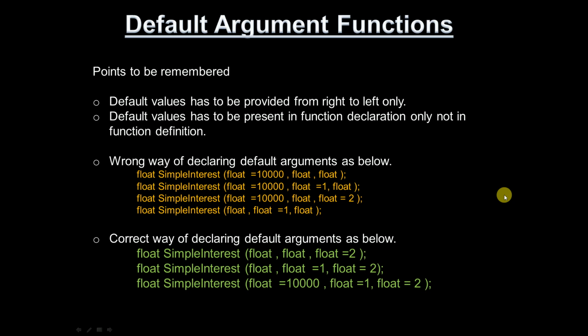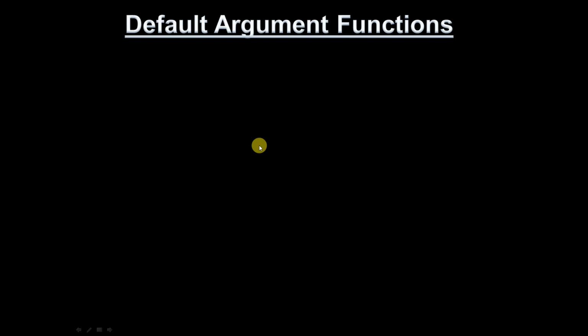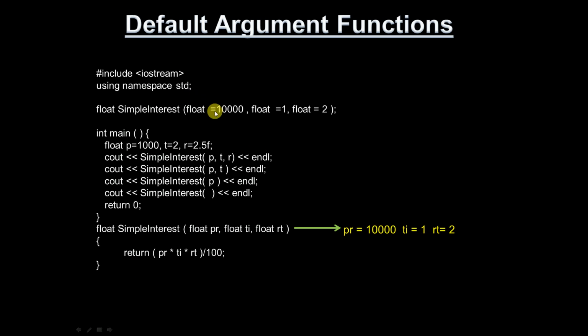So always the compiler will treat whatever argument you have missed as the last argument only. Default values have to be present in the function declaration only, not in the function definition. As I mentioned earlier, you have to provide it only in the function declaration, not in the function definition.